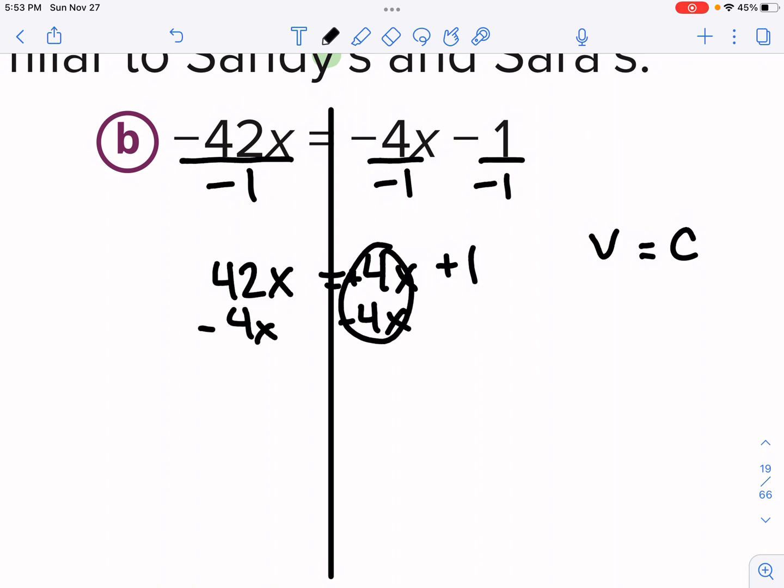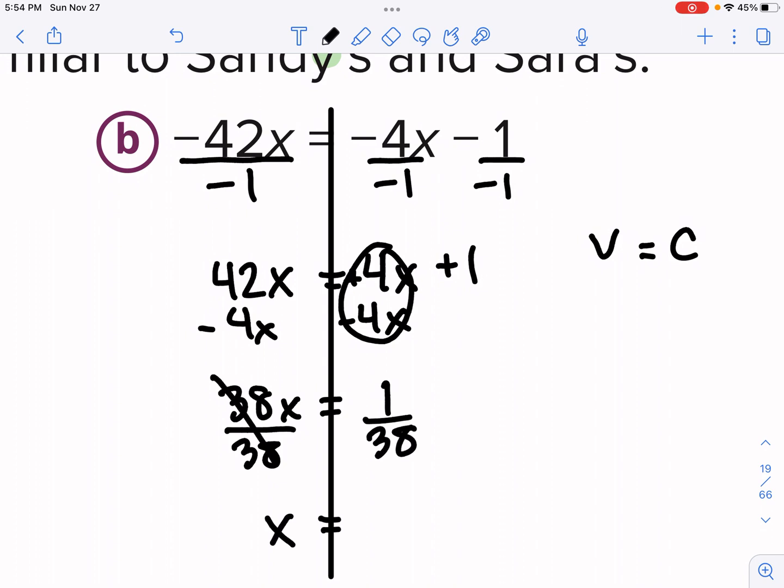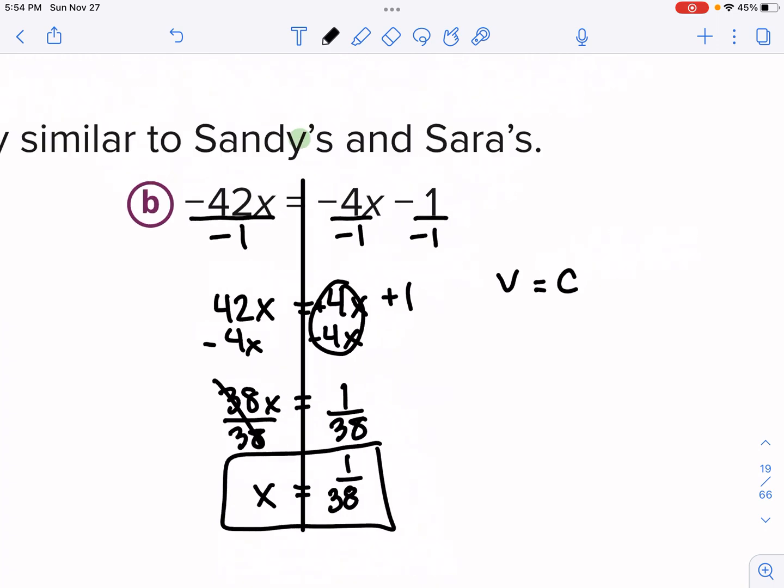Okay, this equals 0. 2 minus 4 is negative 2... 42 minus 4 is 38x equal to, you can put plus 1, but I'll just put 1. And then at this step, right, you can divide both sides by our coefficient. We're multiplying by 38. So your final answer would be x equal to, it is a fraction, x equal to 1 over 38 or 1/38.